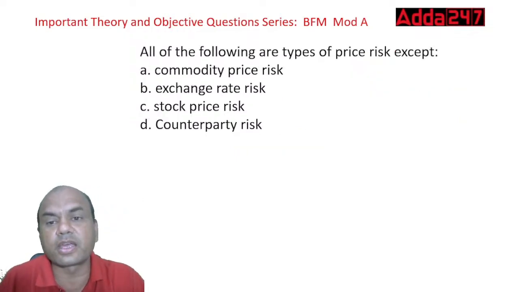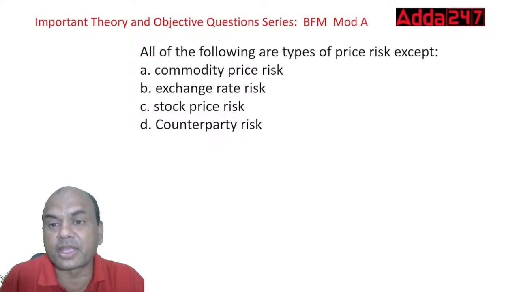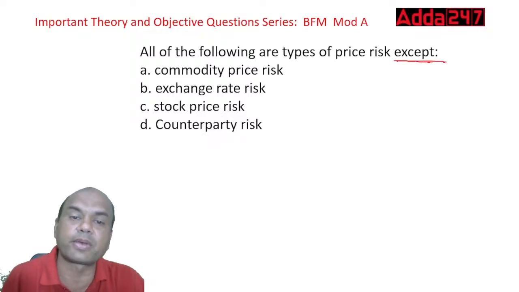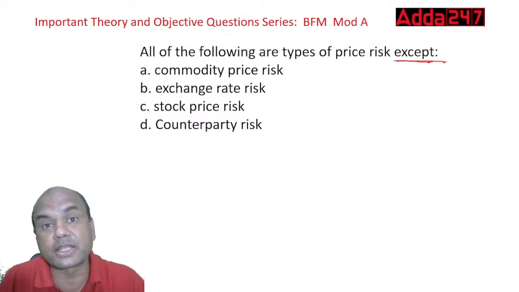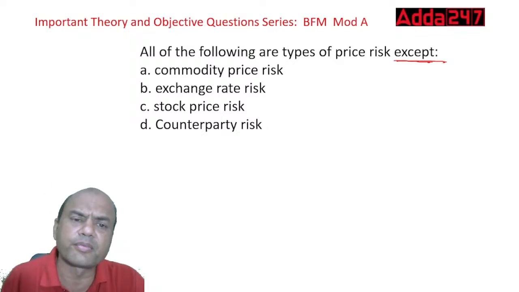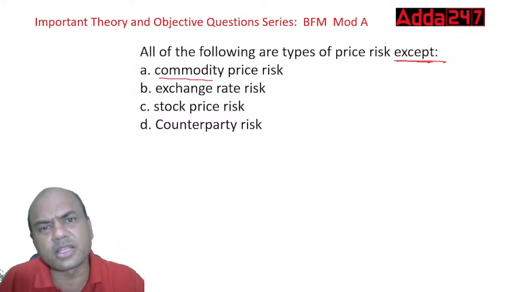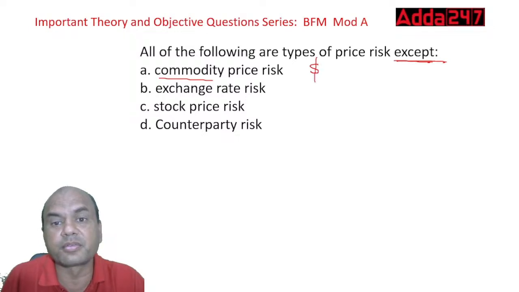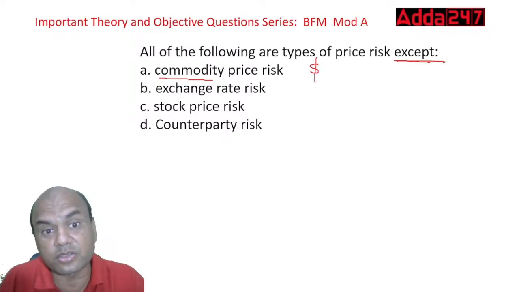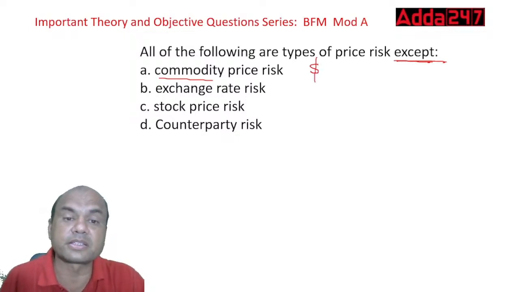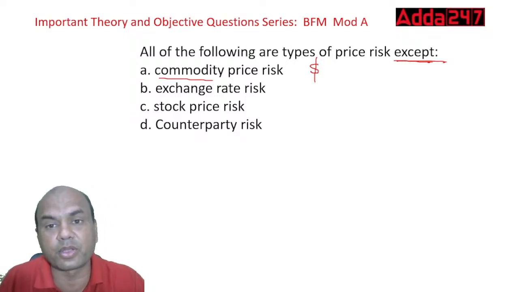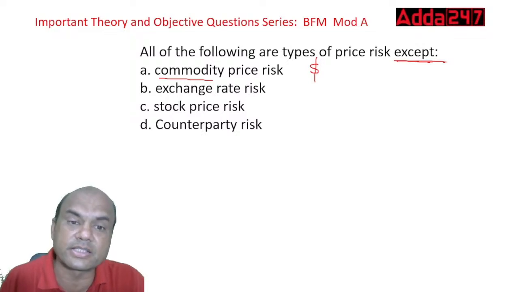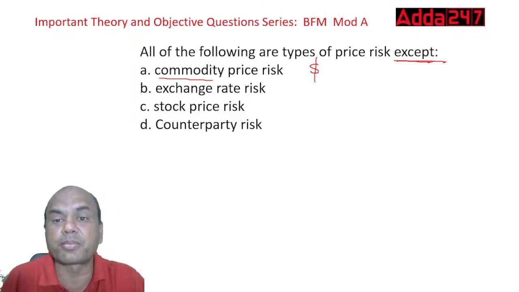All of the following are types of price risk except, so which is not a type of price risk? Price risk means commodity price risk, the price of any commodity. Commodity is anything. Dollar is also a commodity, currency is also a commodity. Exchange rate risk is also price risk, because if the dollar rate or the exchange rate changes, definitely the price will change.